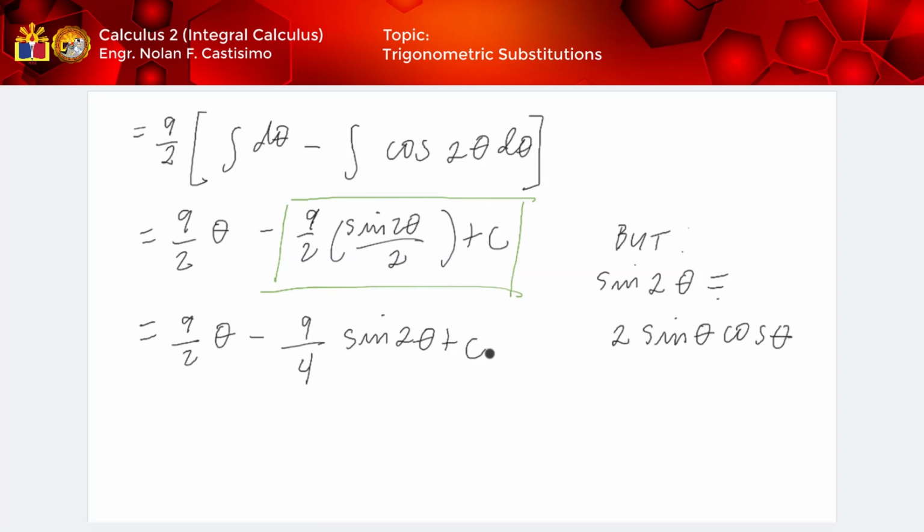Okay? So, i-continue natin to sa susunod na frame. So, ito ay magiging 9 over 2 theta minus 9 over 4 times 2 sine theta cosine theta plus c.